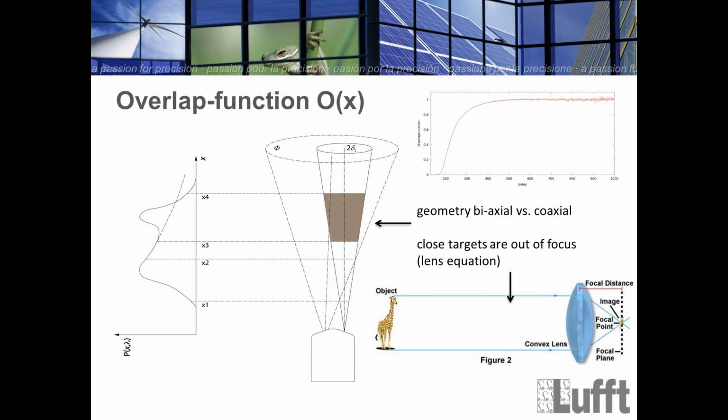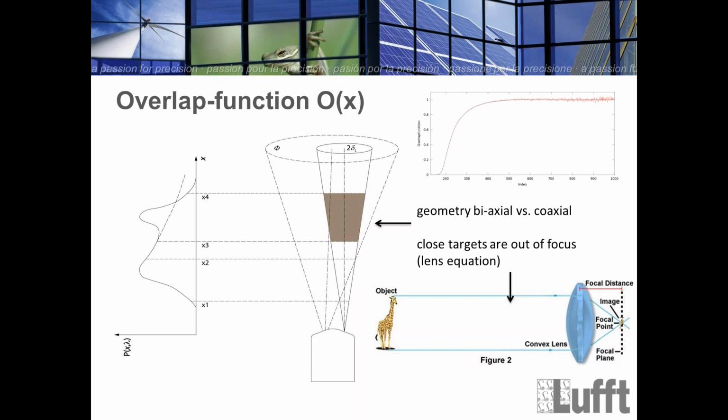So the function looks like this for our CHM 15k instrument, like in the upper right corner. You will find the two main reasons why this function looks like it does in our case. So one reason is that we have a biaxial system.